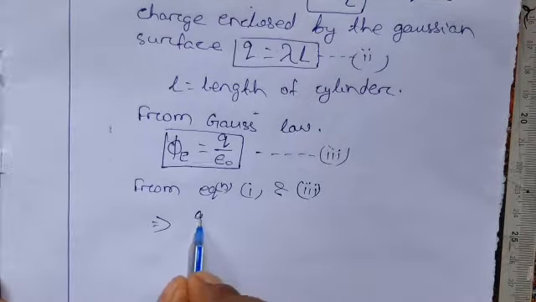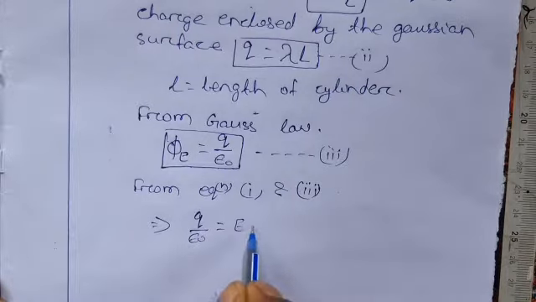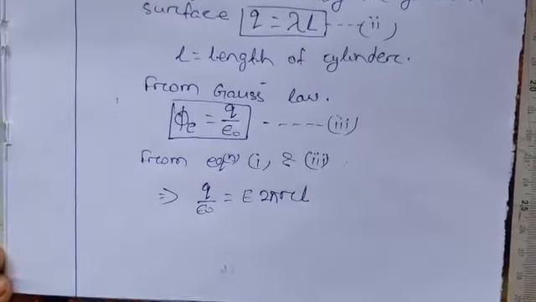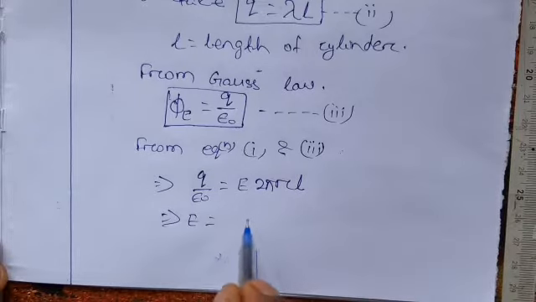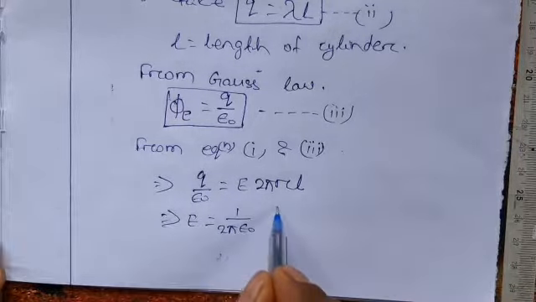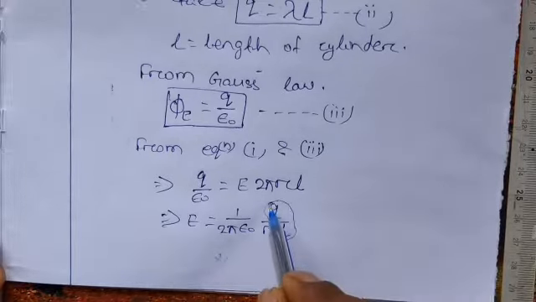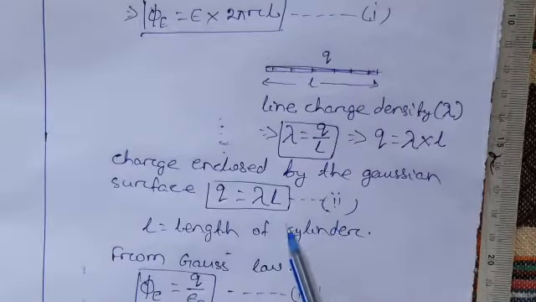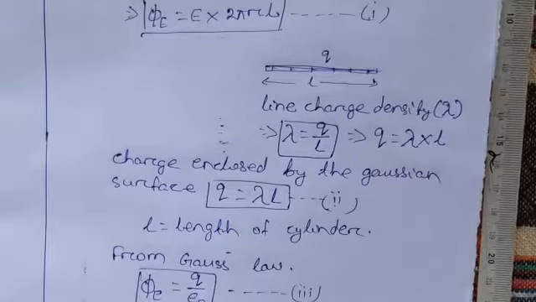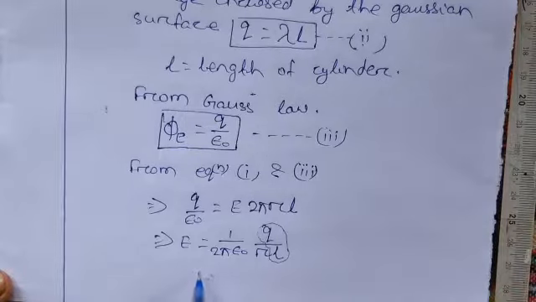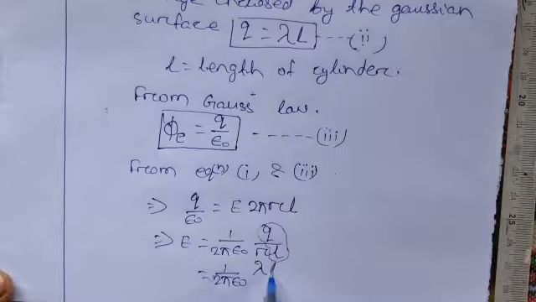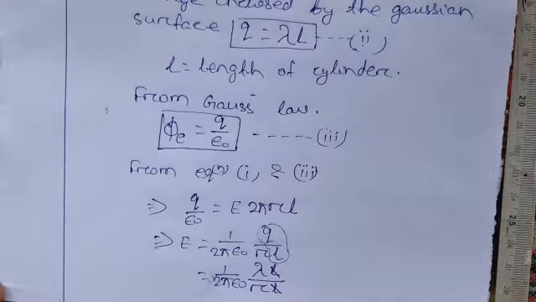what can we write? Q by epsilon naught equal to E into 2 pi R into L, where we can write the electric field equal to 1 by 2 pi epsilon naught Q by R into L. In place of Q I will write line charge density into length divided by R into L. So L will cancel out.